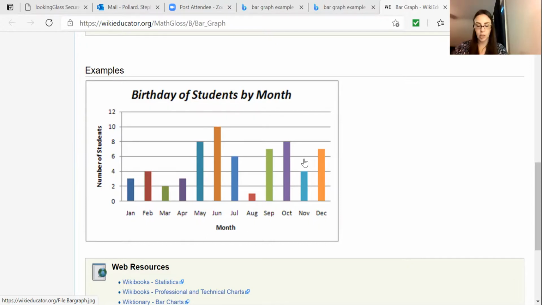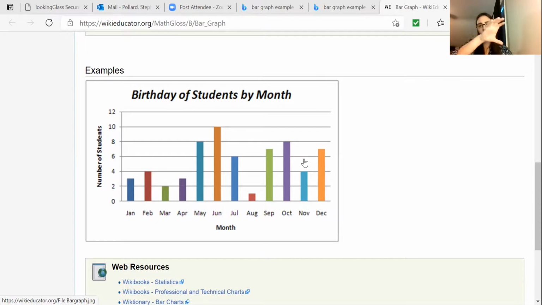I'm just writing this down so I can share my other page with you. We're using the bar graph, but we already said that for June birthdays there were 10, and for May birthdays there were 8. We were able to figure this out by looking at the height of those bars. So remember, the height of your bars here is going to give you the frequency.